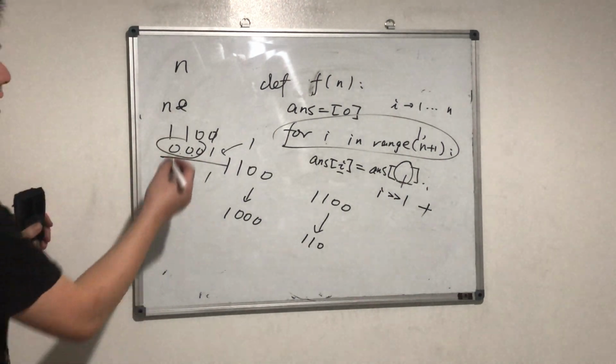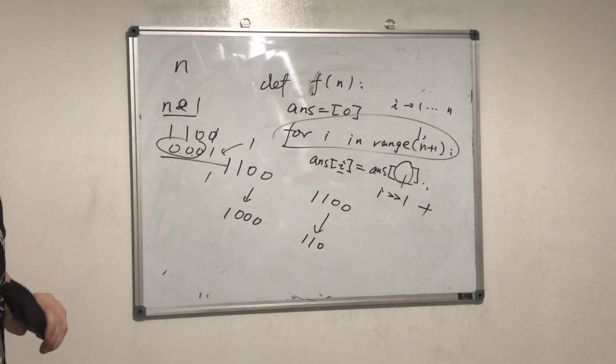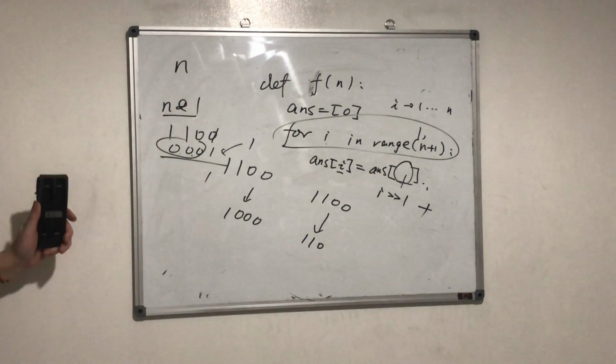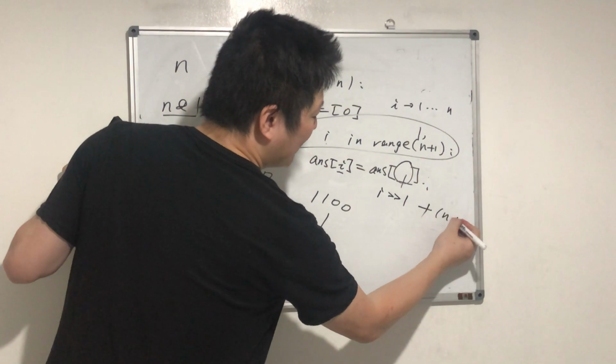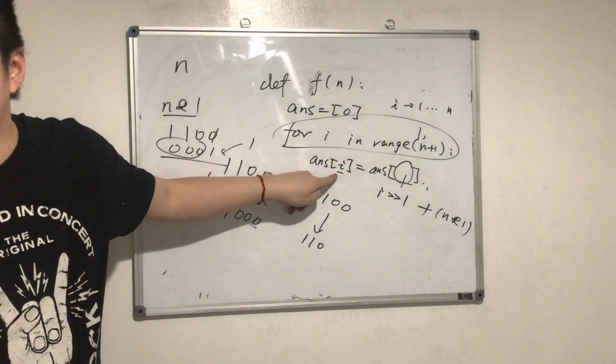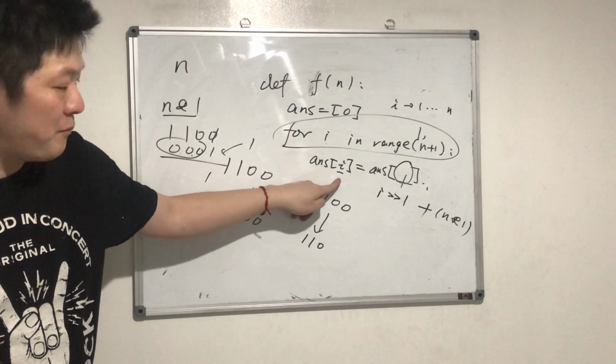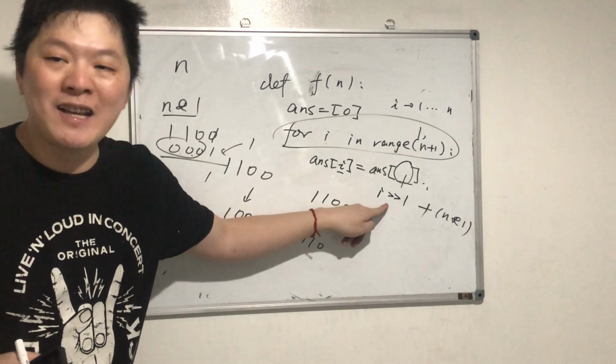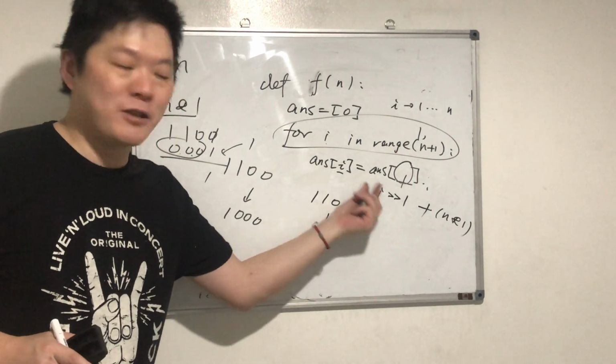It doesn't matter if it's 1 or 0 because anything and 0 is 0, yeah? Okay, so and 1, right? So this one will be n and 1. Does it make sense? I want to calculate the number of bits in I. Then I can calculate, because I already calculated, this number is smaller than I, right?